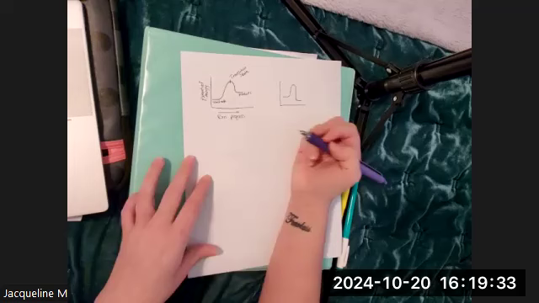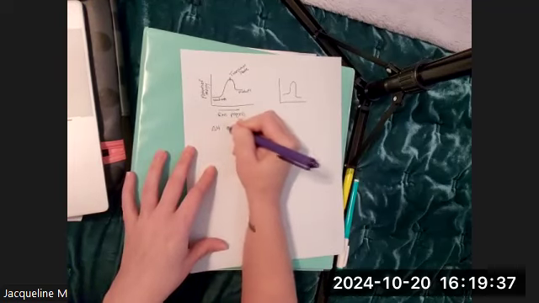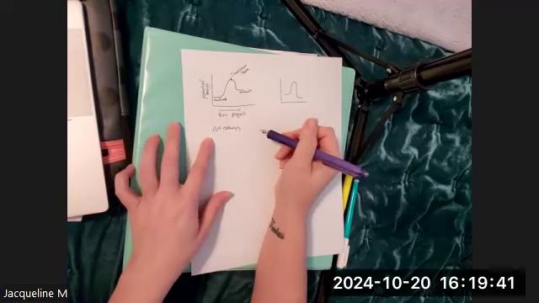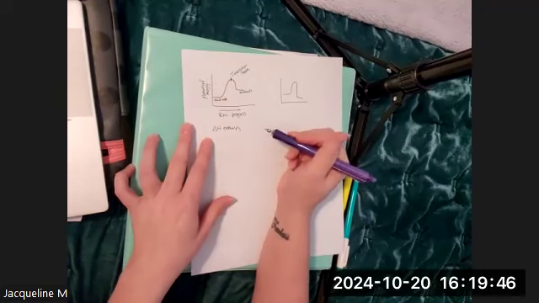Now, when we're talking about energy going in, it's often described as delta H, which is enthalpy. We can think about enthalpy as the amount of heat either going into or coming out of a reaction.